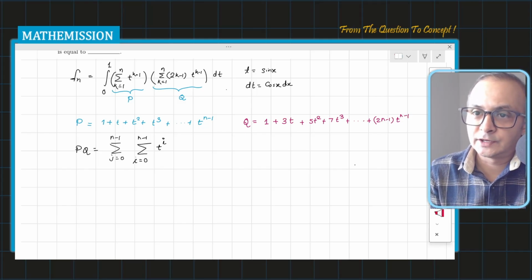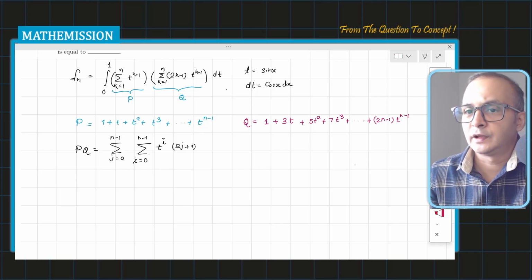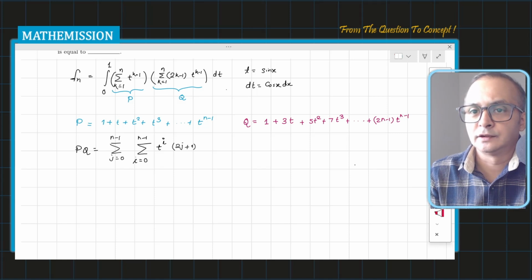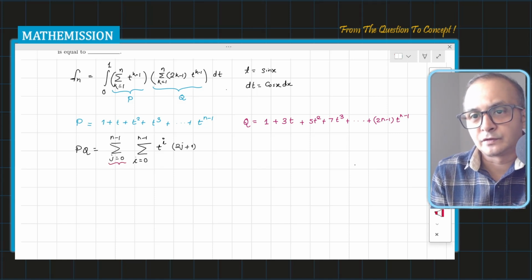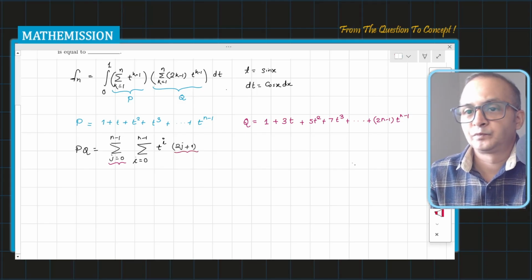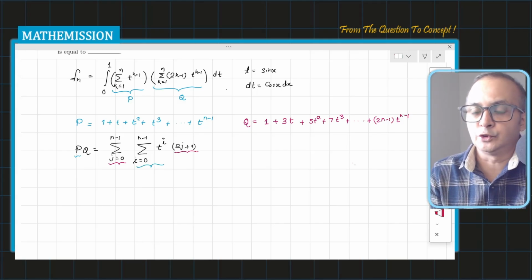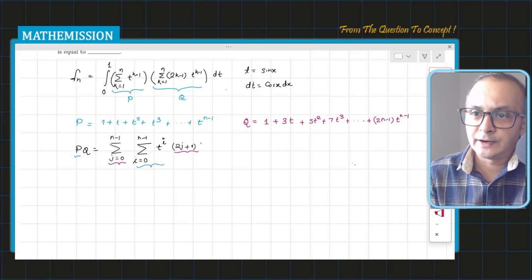It is actually 2j plus 1, because when I substitute j equal to 0, I will get this 1 there. So basically the red one is for the j part and the blue one for the i part. This is for P and this one for Q. So 2j plus 1, and then t to the power j.